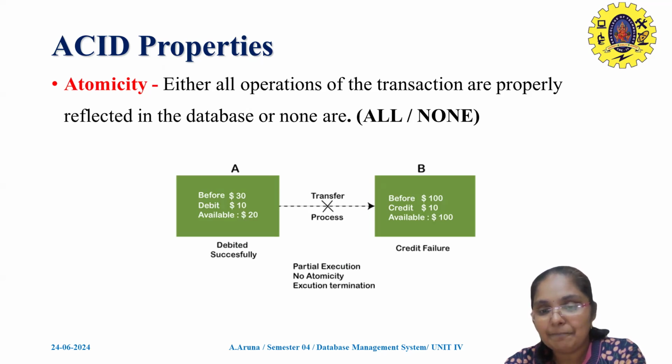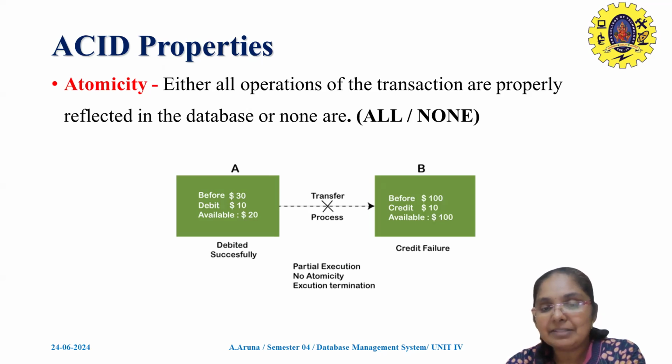How can it be called that? Before, it is 100, it needs to debit 100, but the available balance is 100. Why can we say it is a credit failure? Because intermediately, it can fail due to some software or hardware failure. Here, there is no atomicity because the termination happened in the middle of the transaction.